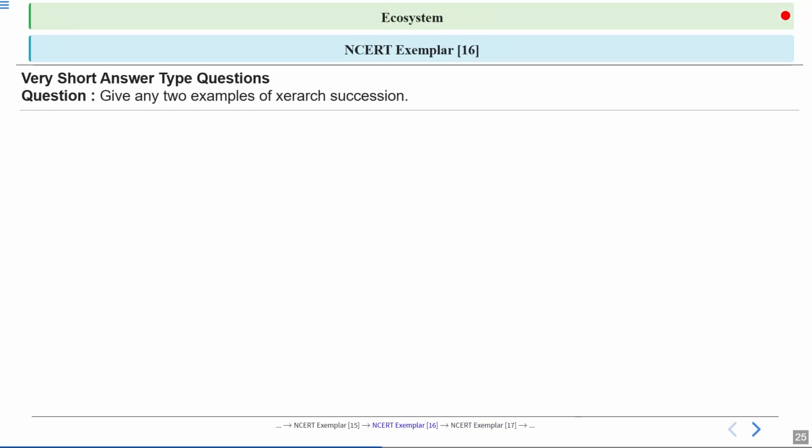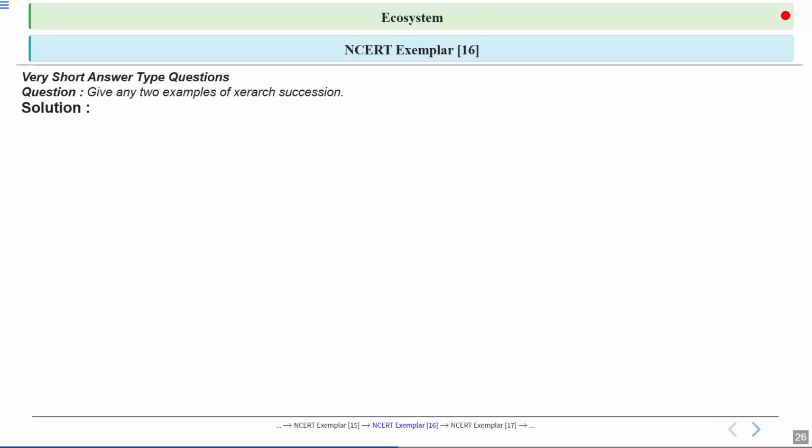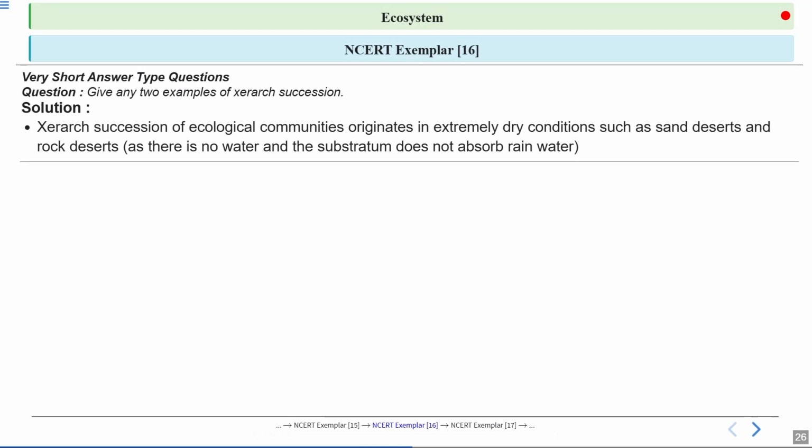Now let's have a look at the next question. The question is: give any two examples of xerarch succession. Let's have a look at the answer. Xerarch succession is succession of ecological communities that originate in extremely dry conditions. Xerarch succession means succession occurring in xeric, dry conditions.